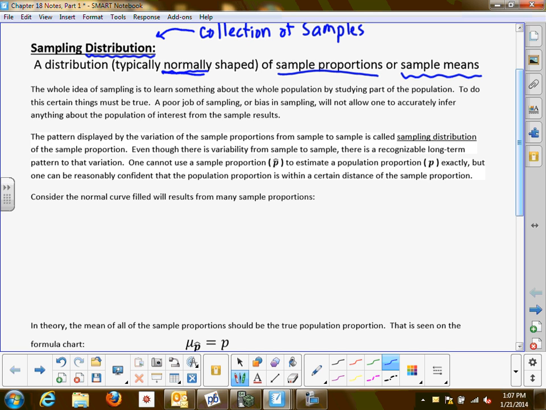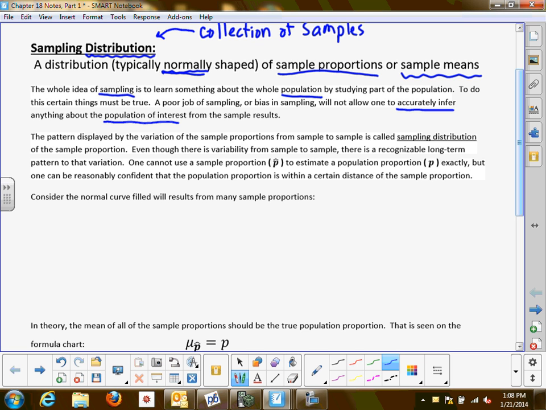The whole idea of sampling in general, the whole reason you get a sample, is because you want to learn something about the entire population just from one sample. To me that's mind-blowing, that we can have enough validity in numbers that we can take one sample, and from that one sample attempt to infer something about the population of interest.